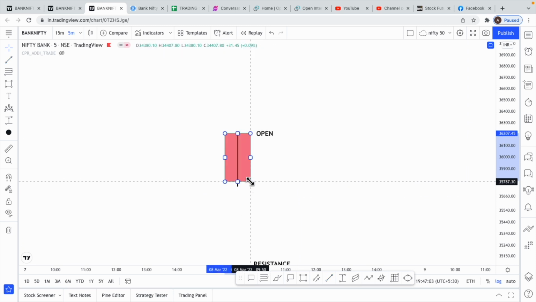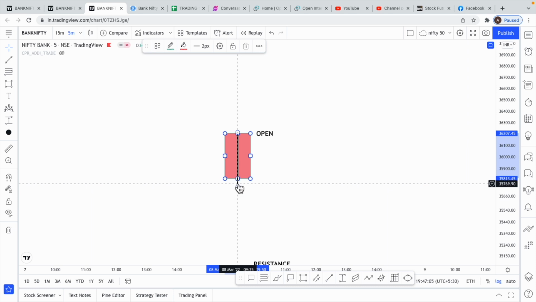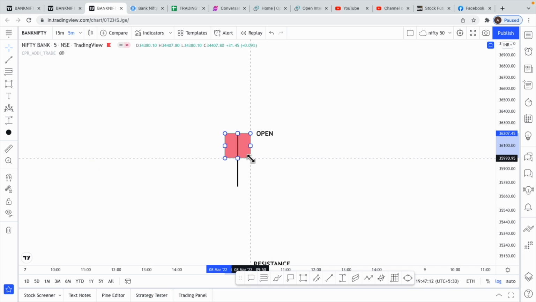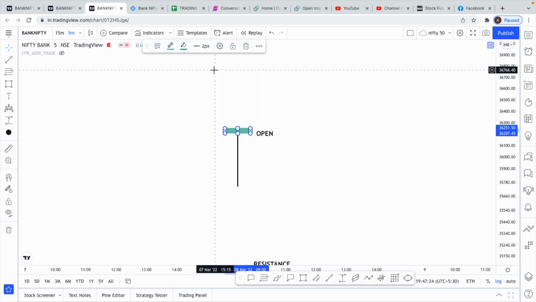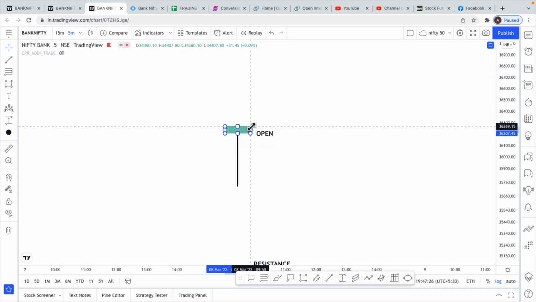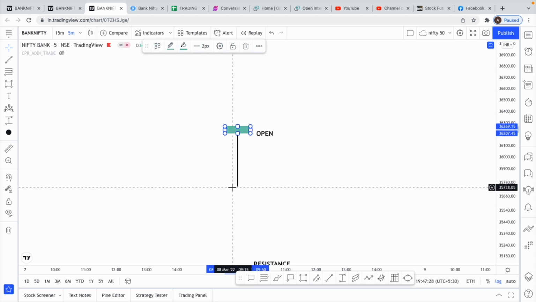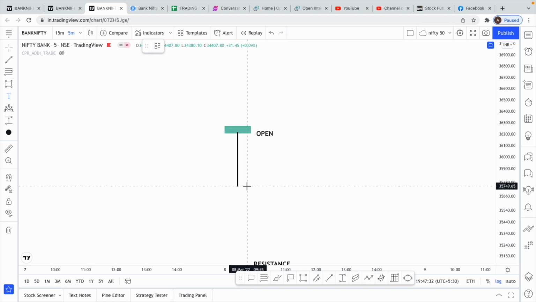This line that comes in the candlestick is called the wick. As the price goes up, it will still be a red candle until we are above the open. Once we go above the open, we start to form a green candle. We have made a low here, so we mark this as the low.